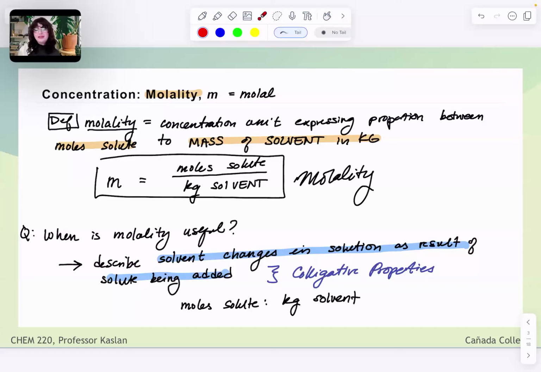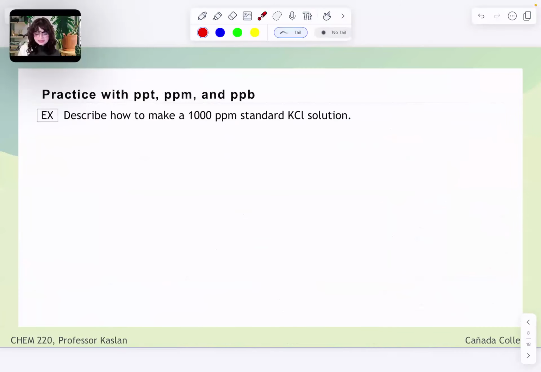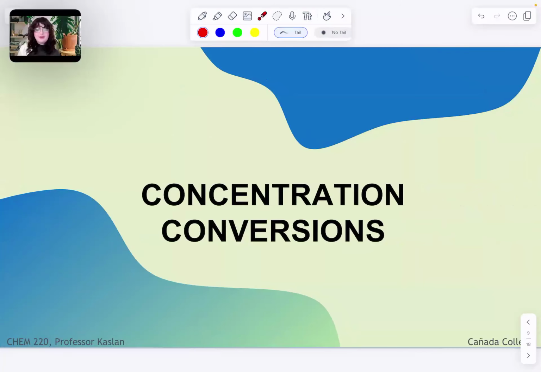Then we can look at how solutions' physical properties may differ from those of pure solvents, which is a really fascinating idea. So we'll have some practice with ppm, ppb, ppt, and then we will talk about concentration conversions in our next video series.